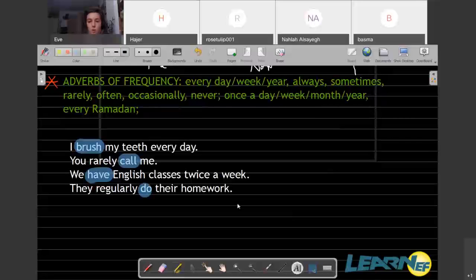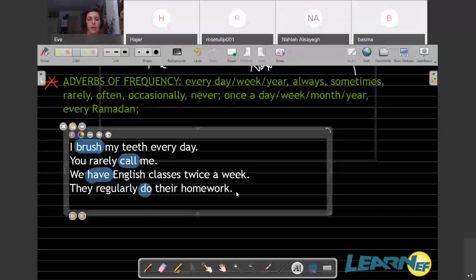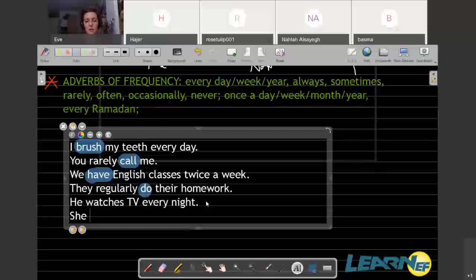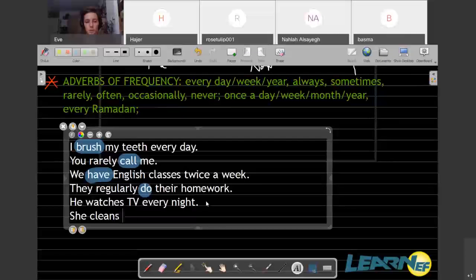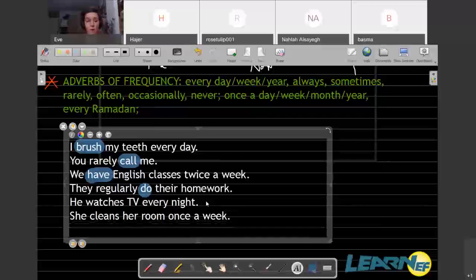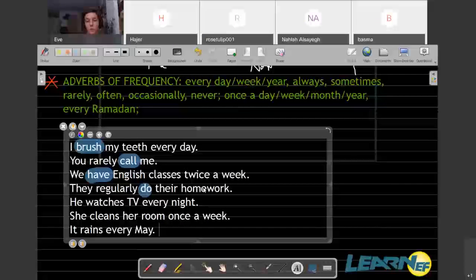Simple, no complications. However, if the subject is she: she watches TV every night, she cleans her room once a week, or it rains every May, meaning the weather.